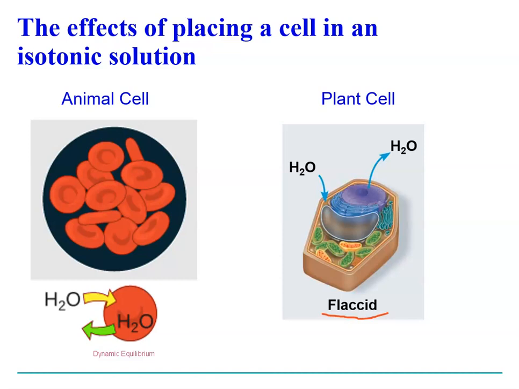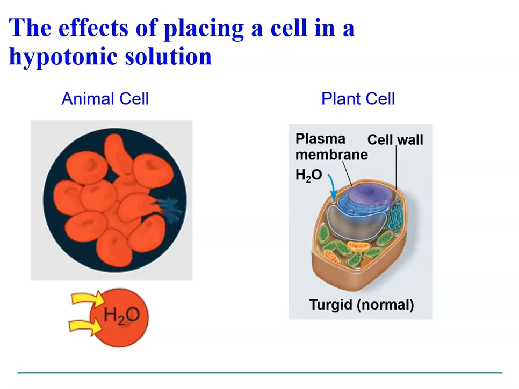So although the plant is not dead, it's really not in its ideal state in an isotonic solution. Plants can take on more water. So let's go back to our other types of solutions that can affect a living cell, and then we'll take a look at how that affects both a plant and an animal cell.